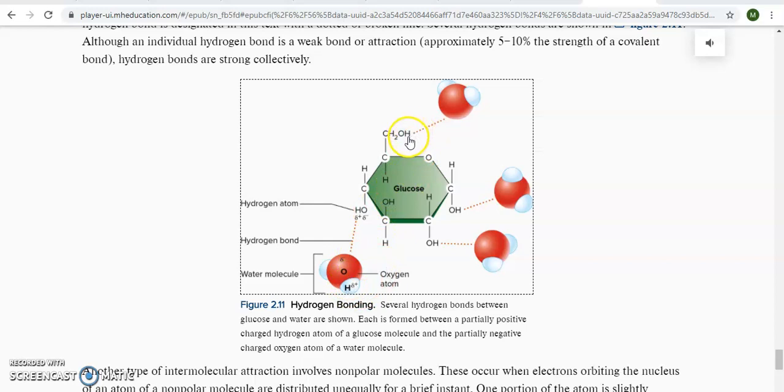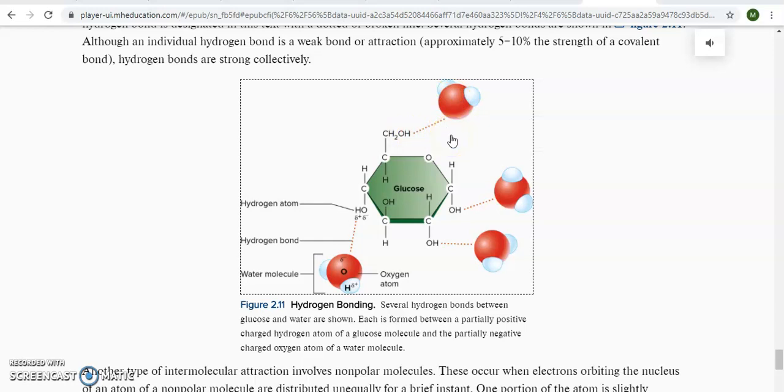In this case, here's the hydrogen atom that's part of the polar molecule glucose. It has a slight positive charge, and it's forming a hydrogen bond. That's what these little dashed lines represent, with the oxygen of this water molecule. And remember, the oxygen of a water molecule has a partial negative charge. So then we get this attraction here.